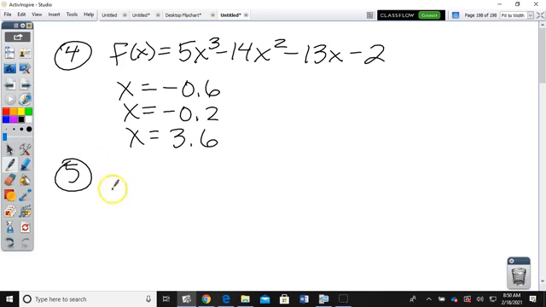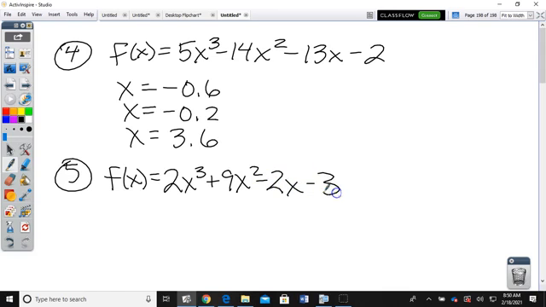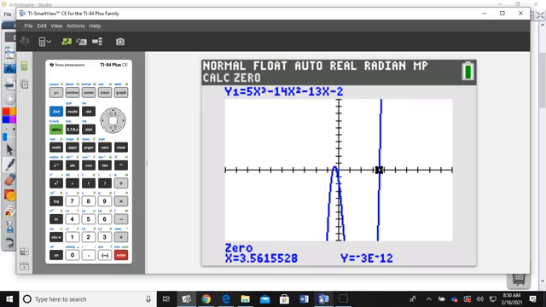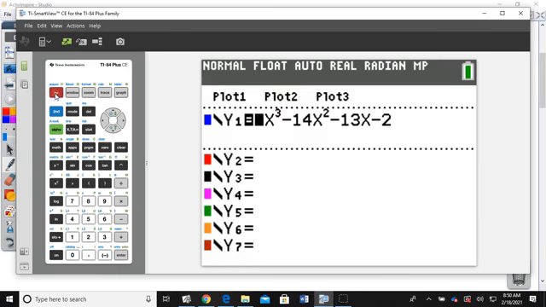Number 5, you're doing the same exact thing, just with a different equation. Two calculator problems, basically four right here in a row. Plug it in.